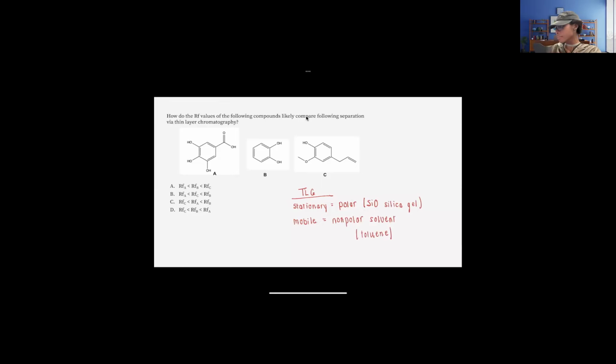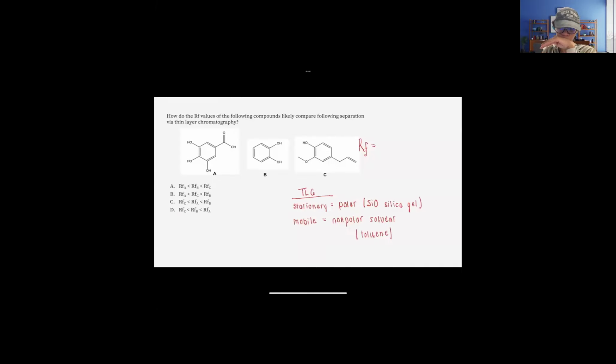And for RF, can anyone tell me how we calculate that? Exactly.